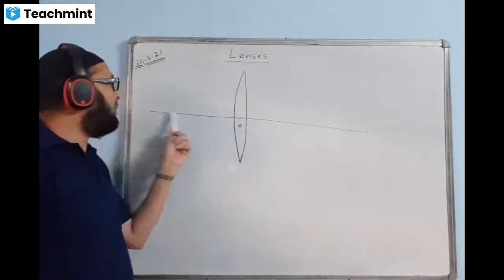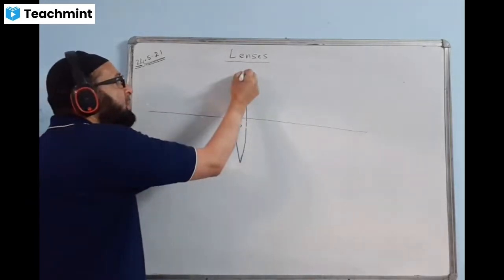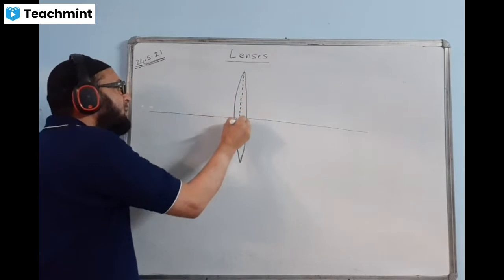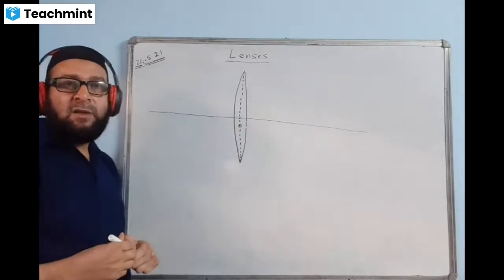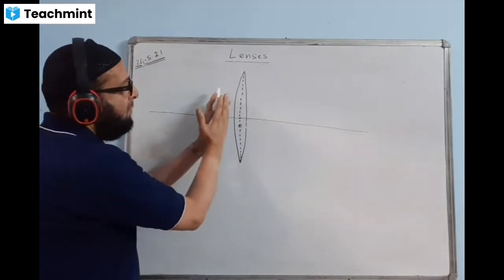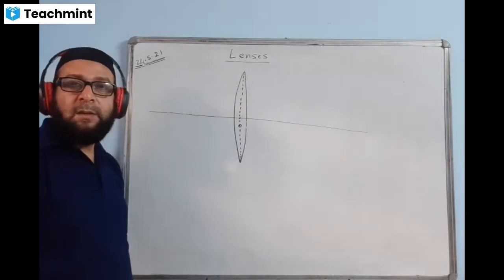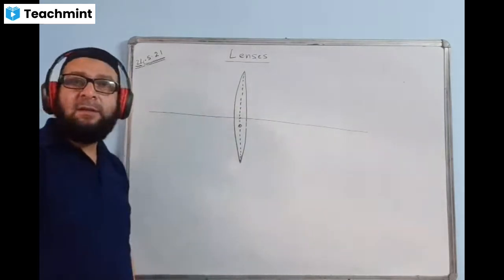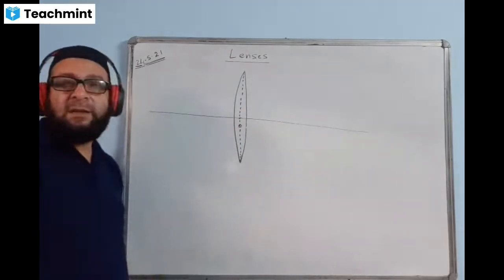This horizontal line is the principal axis, and this vertical line, which divides the lens laterally into two parts, is called the axis of the lens.